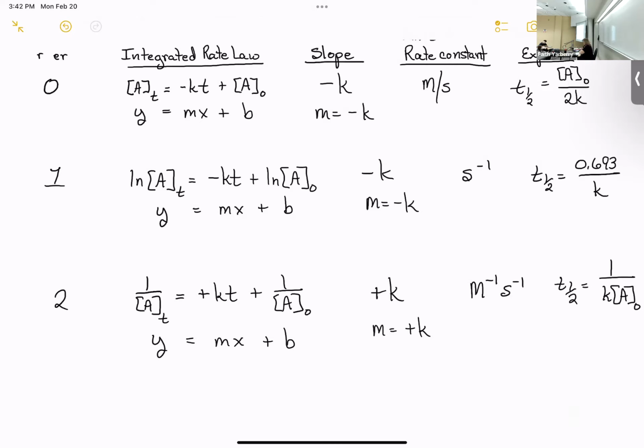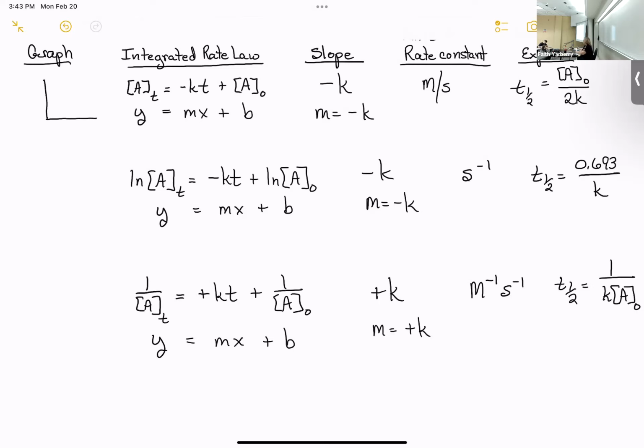Now, as I was talking about the order, the last piece of this puzzle was the graph. I said that the integrated rate law, when you actually perform the calculus, comes out to a straight line. It fits the formula of a straight line.